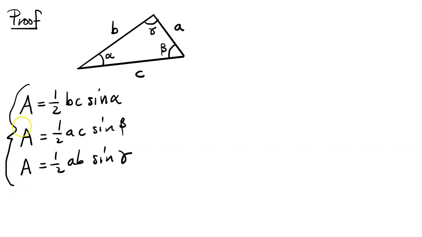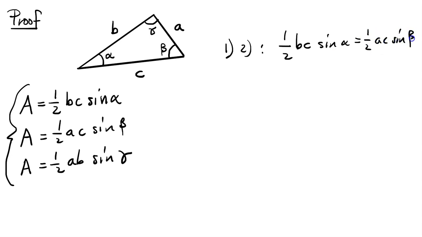Let's now take these two. Both of these are equal to the area, so we can put them equal to each other, the first and the second. Then we have half BC sine alpha equal to the second one. If we now multiply away 2 here, and we see that we can divide away c, then what remains is this.